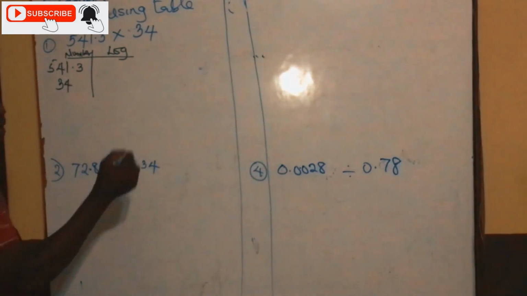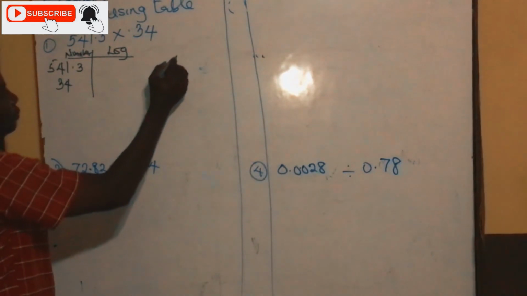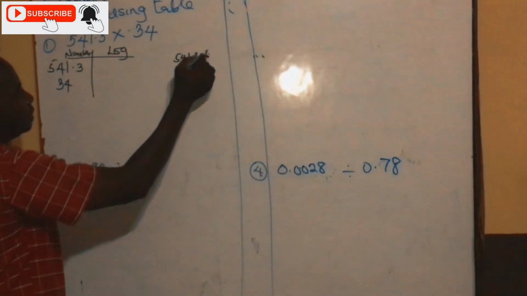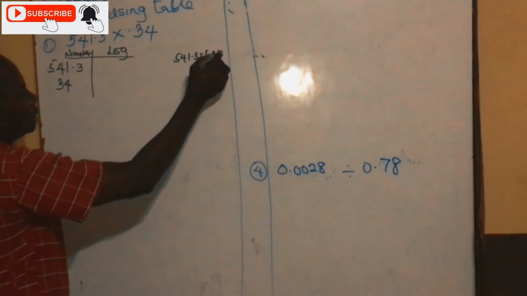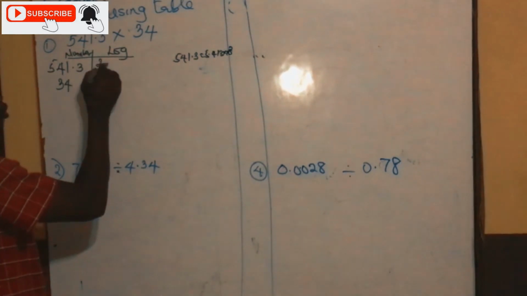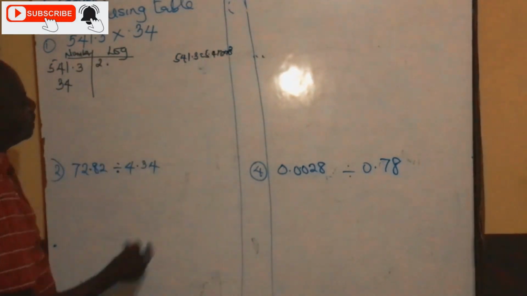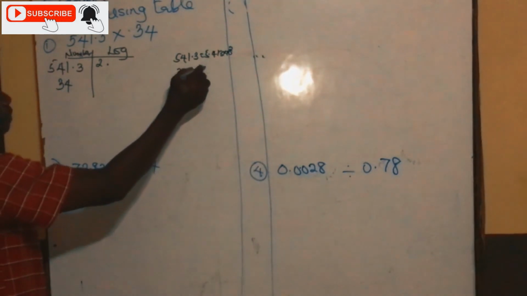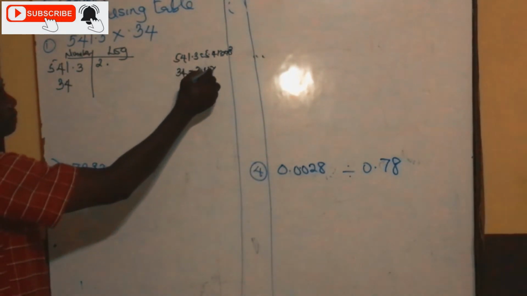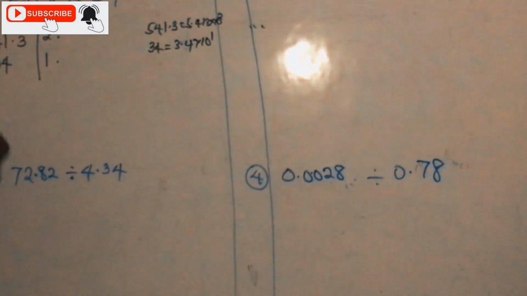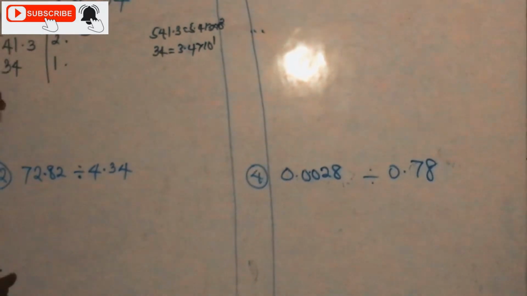As we have learned, 541.3 is 5.413 times 10 raised to power 2. So the characteristic is 2. When the number is expressed in standard form, 34 is 3.4 times 10 raised to power 1. So the characteristic is 1. We will now check the 4-figure table.